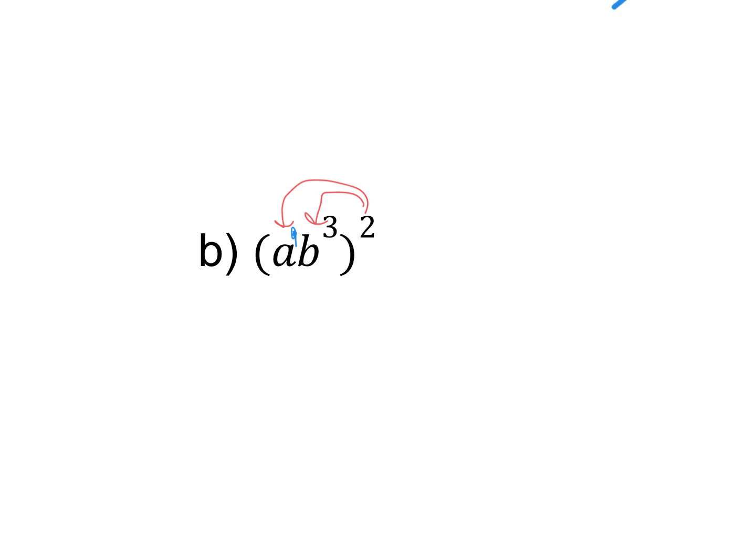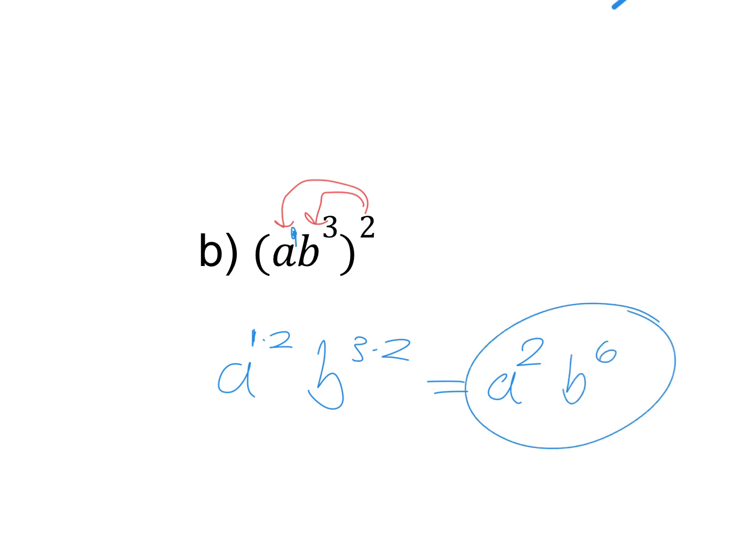So what this looks like is I'll have a to the power of 1 times 2, and then b to the power of 3 times 2. So this simplifies. I would get a squared b to the 6th. That would be my final answer.